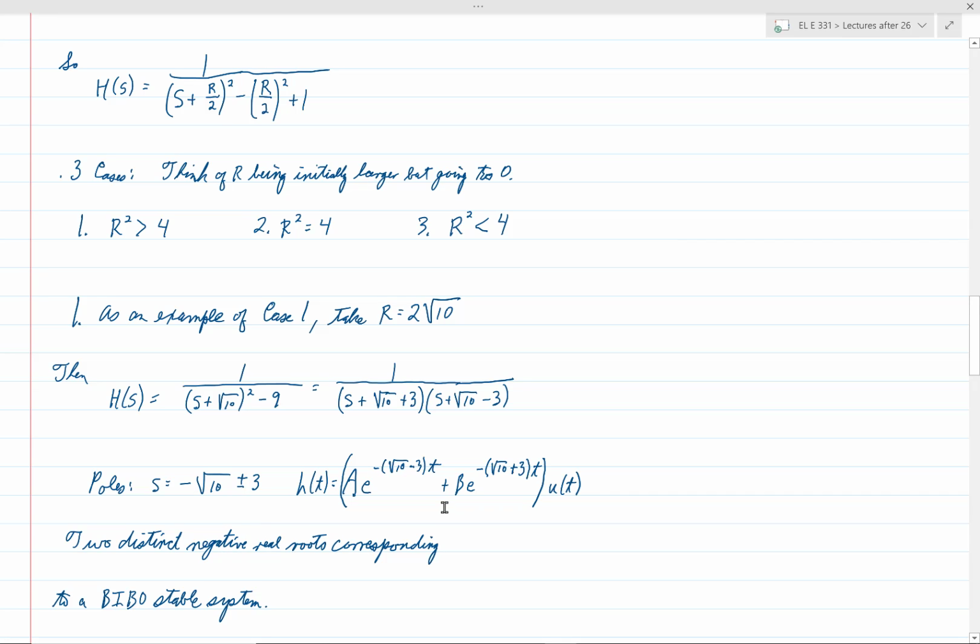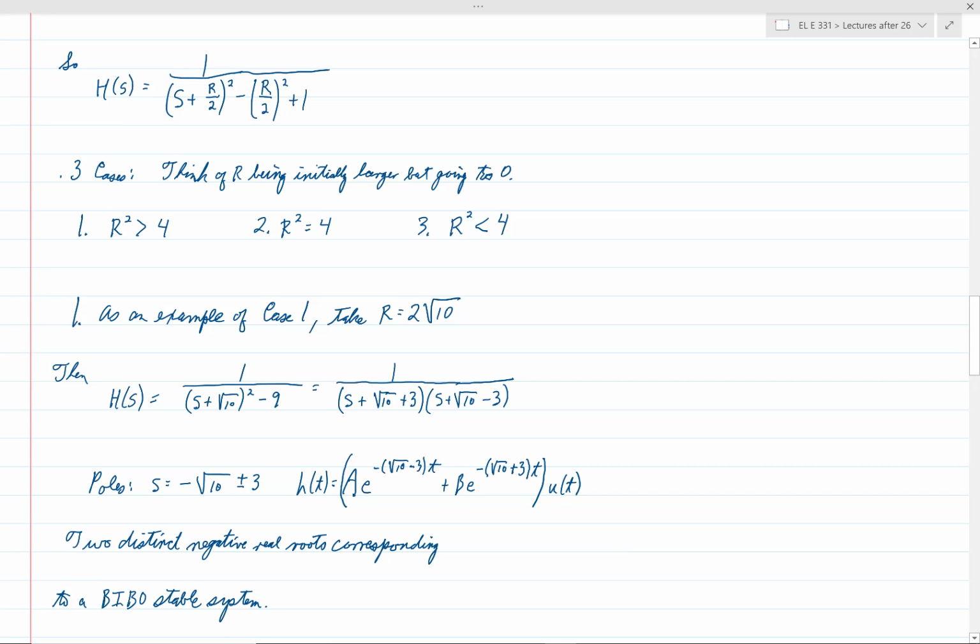And this corresponds to a BIBO stable system. Whenever, for this particular problem, R squared is greater than 4, you're going to get 2 distinct negative real roots, and you'll always have a BIBO stable system in case 1.